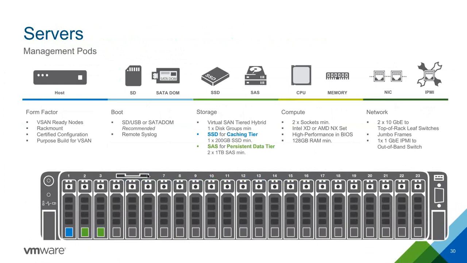In terms of storage, for vSAN for the management pod, we do use one disk group. All we need to accommodate the primary storage for the entire management stack is one SSD for a cache tier, a 200 gigabyte SSD drive, and then a minimum of two 1 terabyte SAS drives. That gives us enough storage across the aggregate of four servers to run all the primary storage and all the VMs for the management stack.